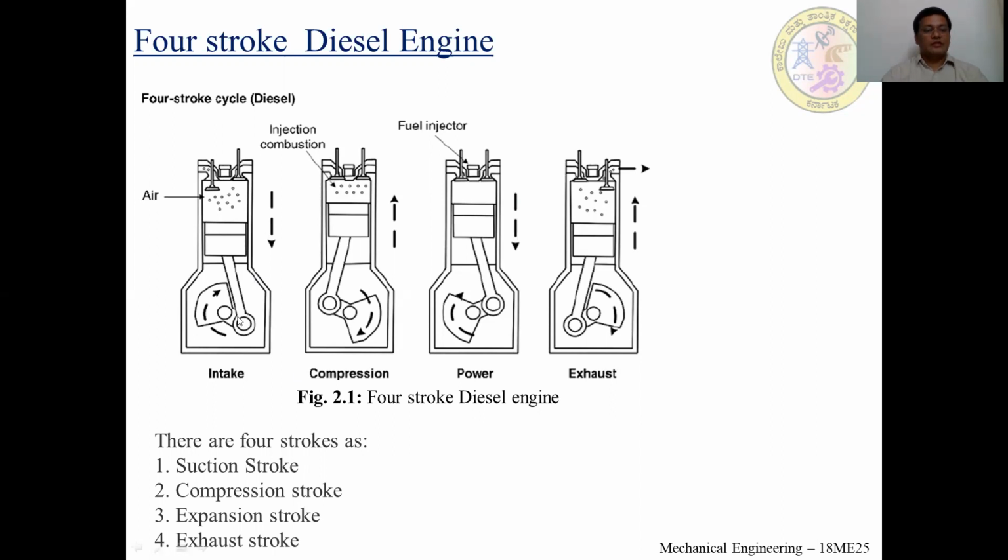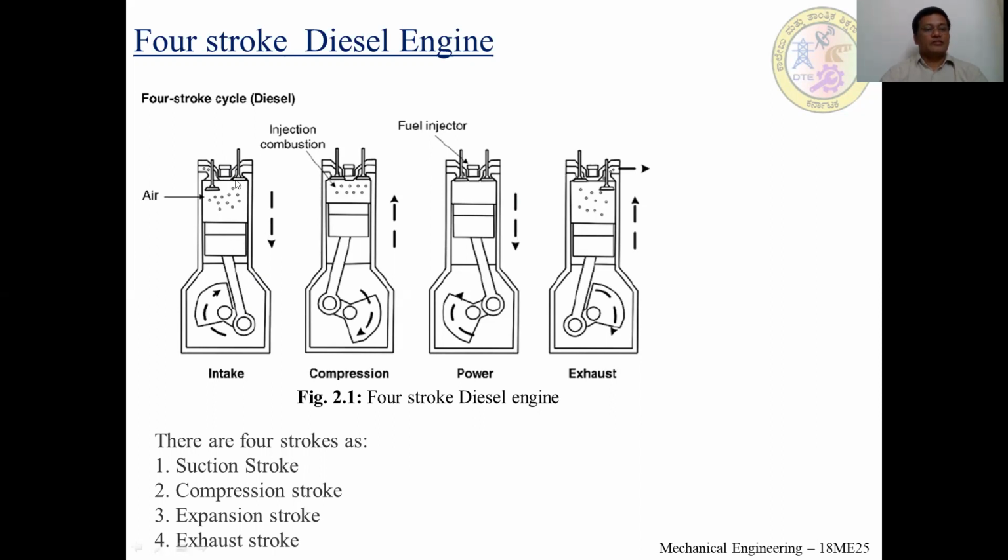Okay. So the first one is the suction stroke, or intake stroke. At the beginning of this stroke, the piston is at TDC. During this process, the piston moves from TDC to BDC.